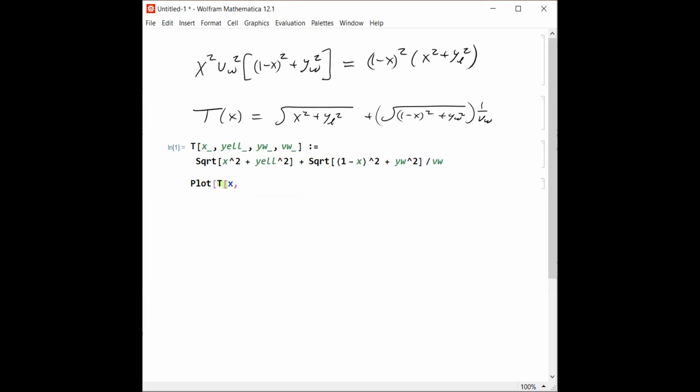Do you want to do it's the same distance from land as it is from the water? The lifeguard has the same distance. I mean, YL equals YW. So we'll do that. We'll say maybe 0.3 for both of those.